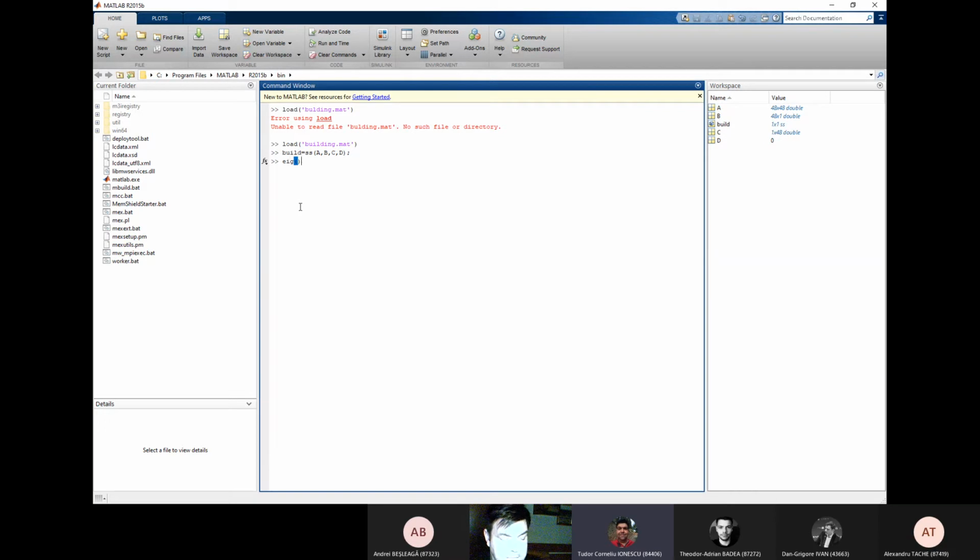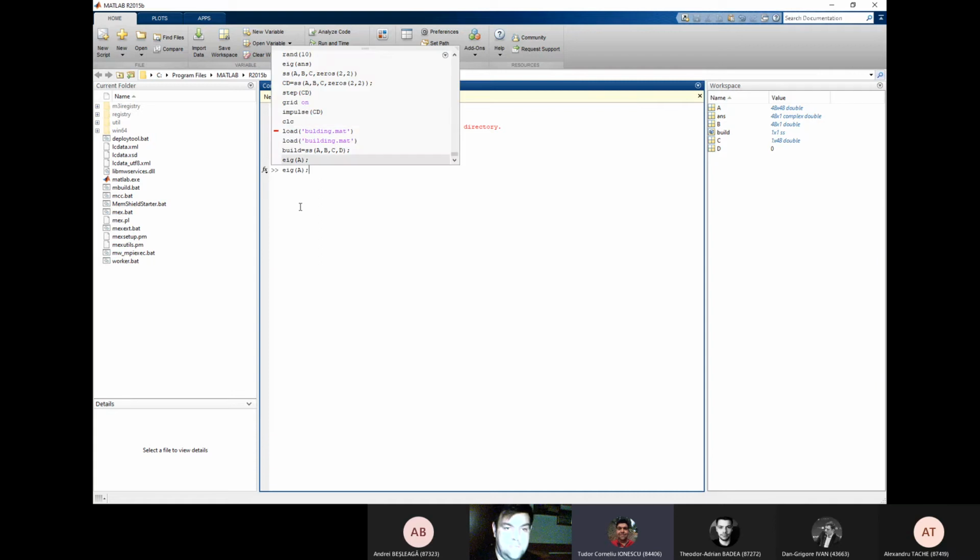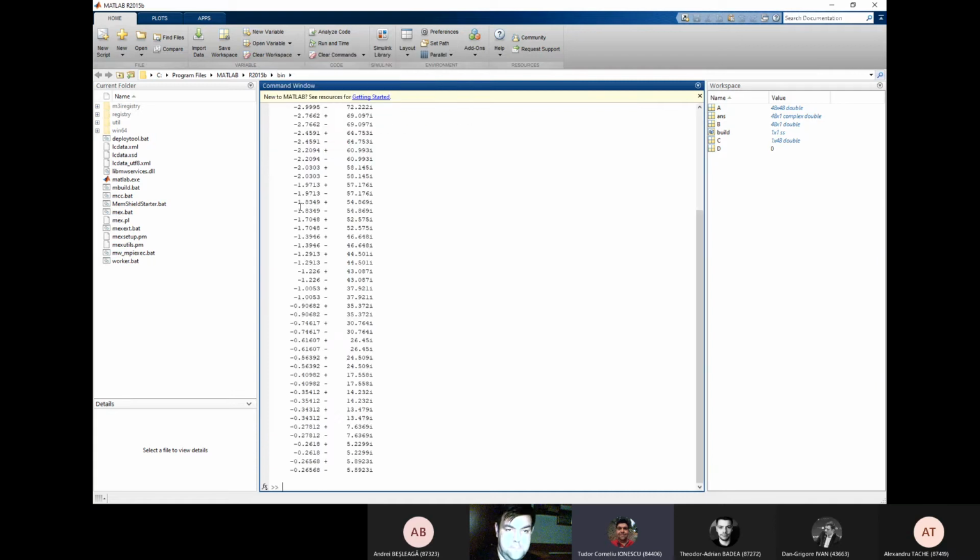Let's check again the eigenvalues of the matrix A, because these are important to check whether the system is stable or not. Checking stability is not an easy task, because stability, as you will see in the next lectures, is completely or bijectively related to the eigenvalues of the matrix A. Computing these eigenvalues is not an easy task.